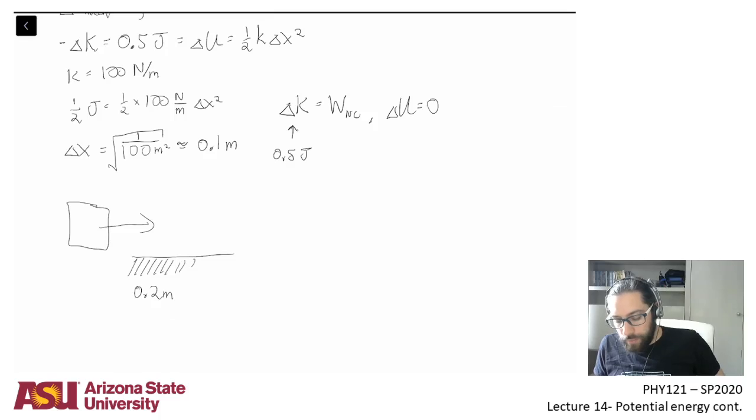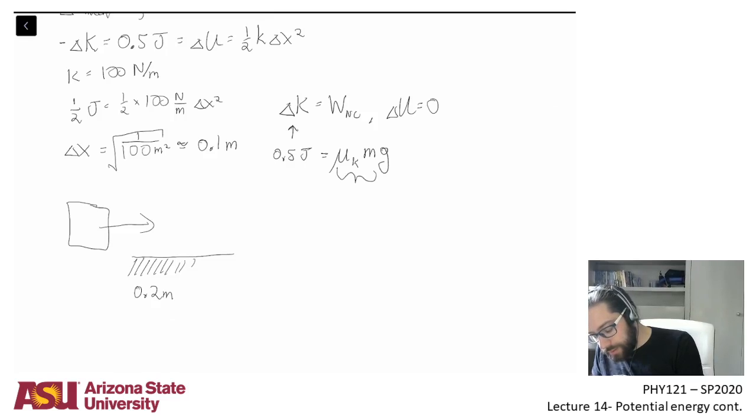So in order for this to be true, then what we need is this to be equal to the coefficient of kinetic friction times the mass of the box times g. So this is the friction force that's doing work, times delta x.